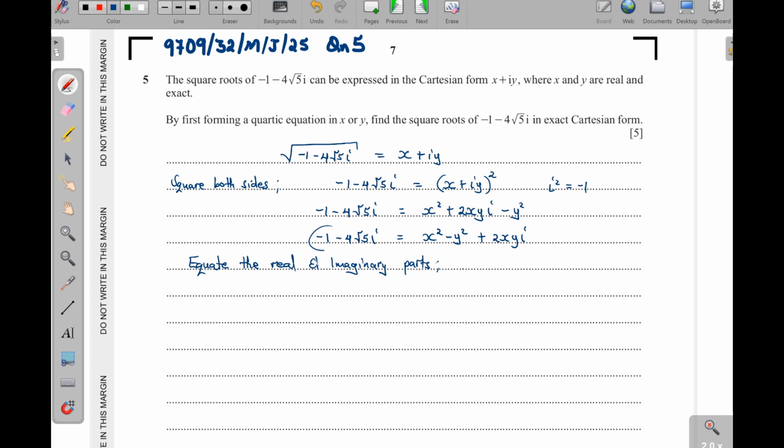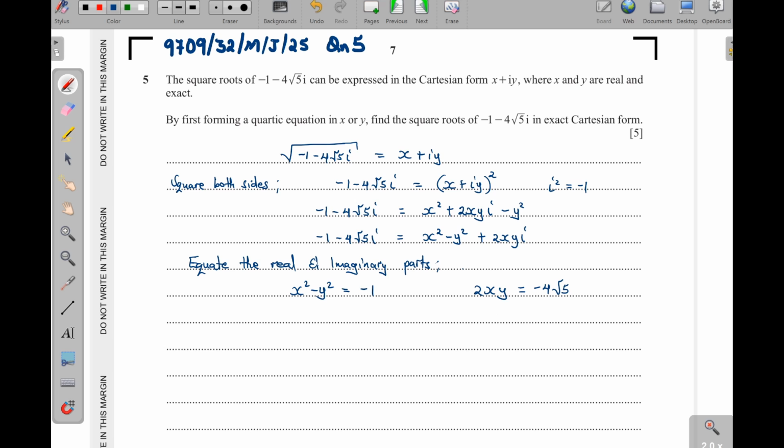So what do I mean? This is the real part here. It will be equal to this one here. So I will say x squared minus y squared is equal to -1. And then the imaginary part here, 2xy, will be equal to -4 root of 5.